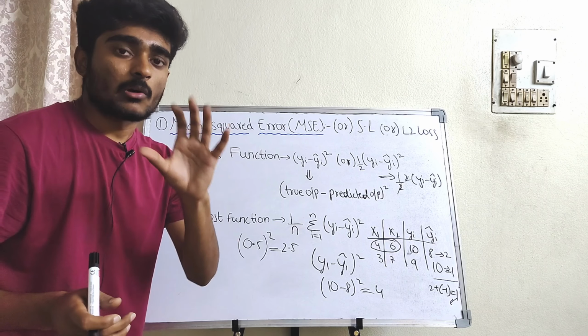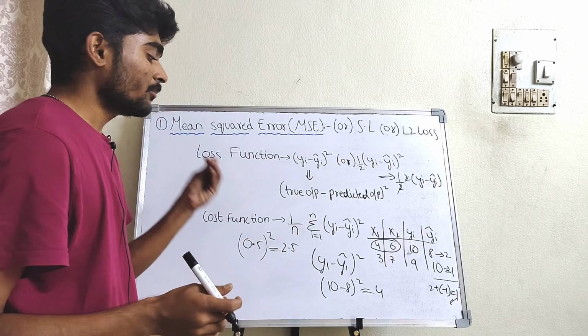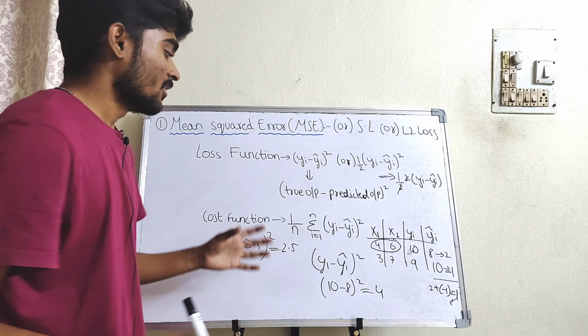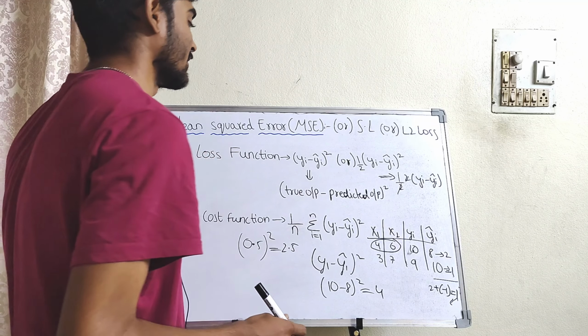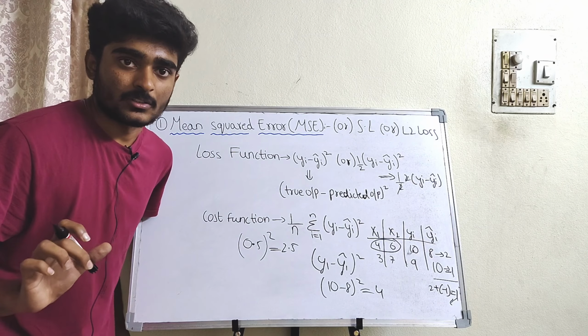On the other hand, when the loss function output is low, there will be a minimal update in the weights and bias values. This is the second advantage of the mean squared error loss function.